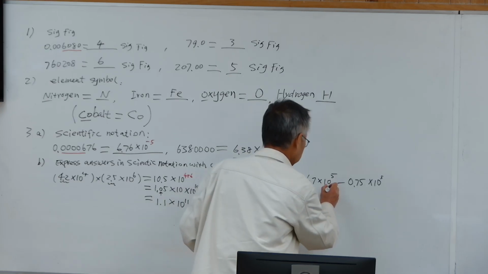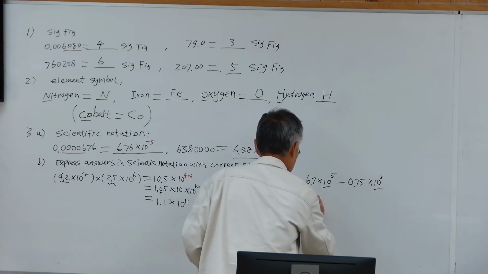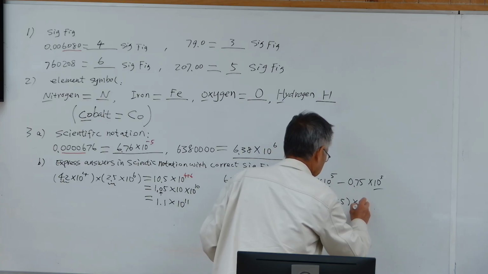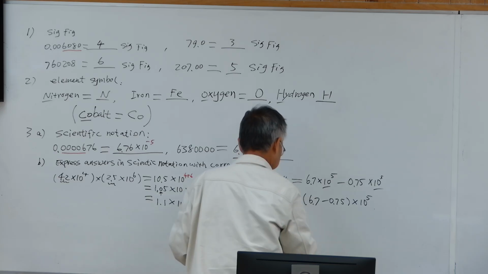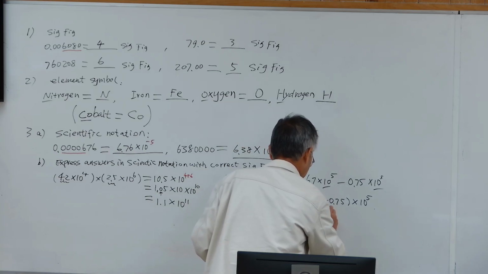Now these two numbers have the same exponent, so subtract these two regular numbers and keep the exponent the same, 10 to the 5th power. This equals 5.95.